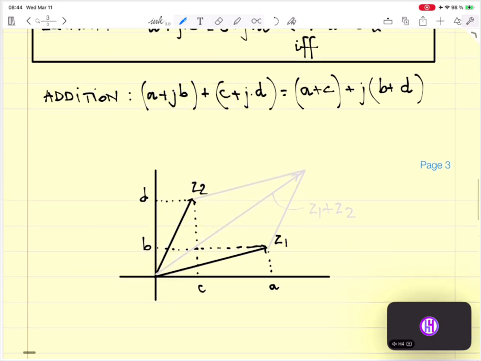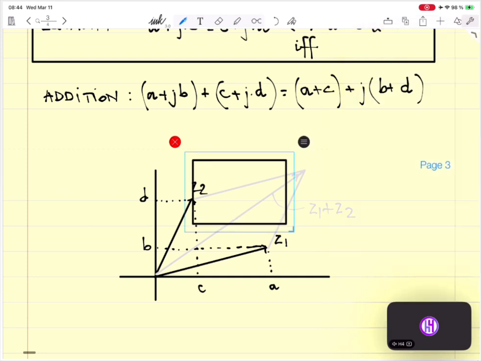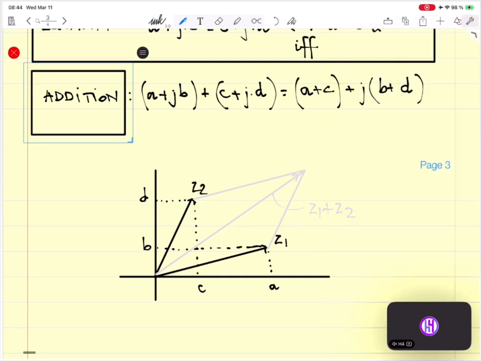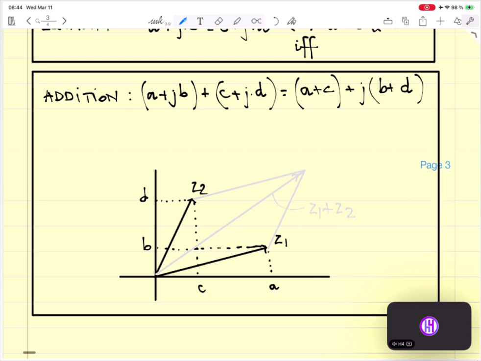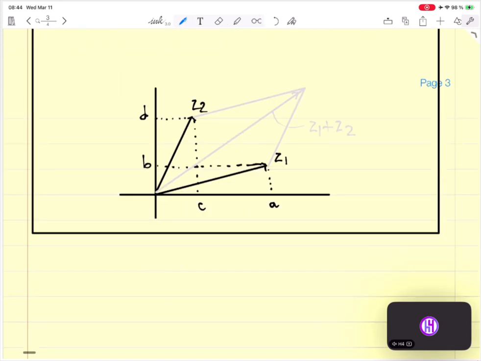Okay, addition of complex numbers. Like adding vectors. So then subtraction is the same, multiplication.